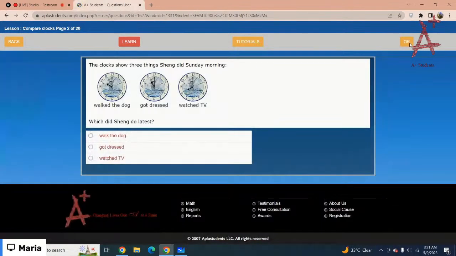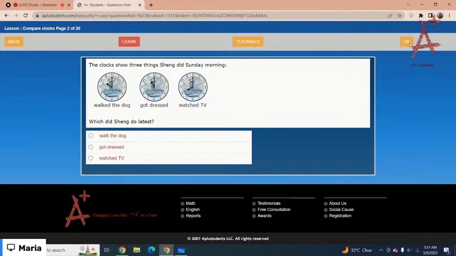Okay, the clock shows three things Sheng did Sunday morning. Walked the dog at 10, got dressed at 11, and watched TV at 8. So, which did Sheng do latest?